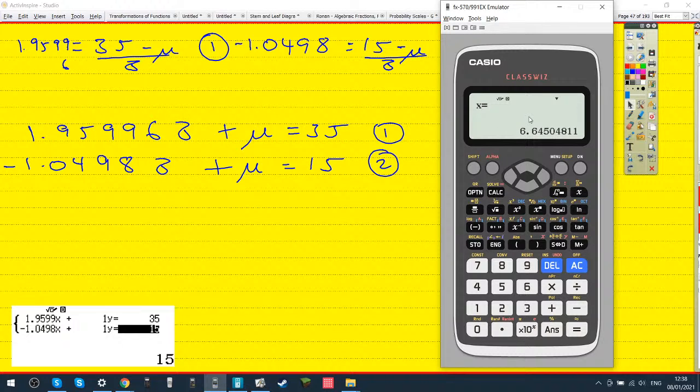I got it, it's equal to 6.65. Maybe I put something in wrong. And the other one was 22.0.